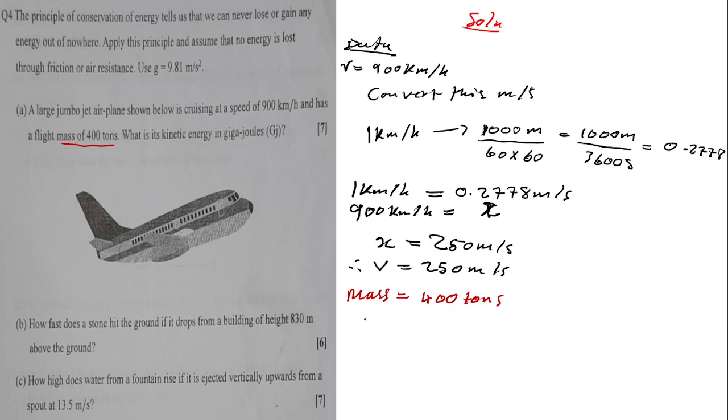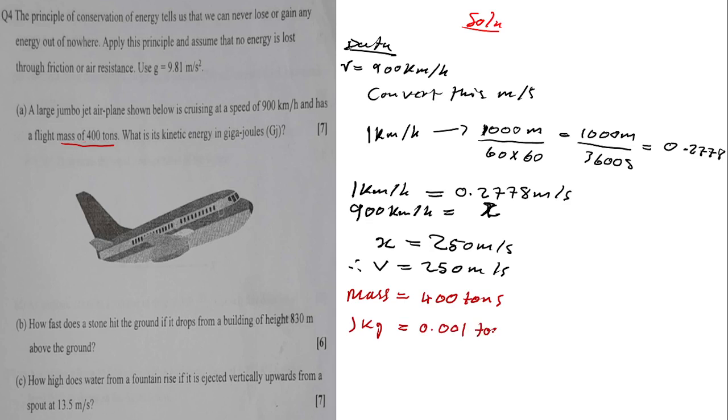So 1 ton is equal to 1000 kg, or you can say 1 kg is equal to 0.001 ton.